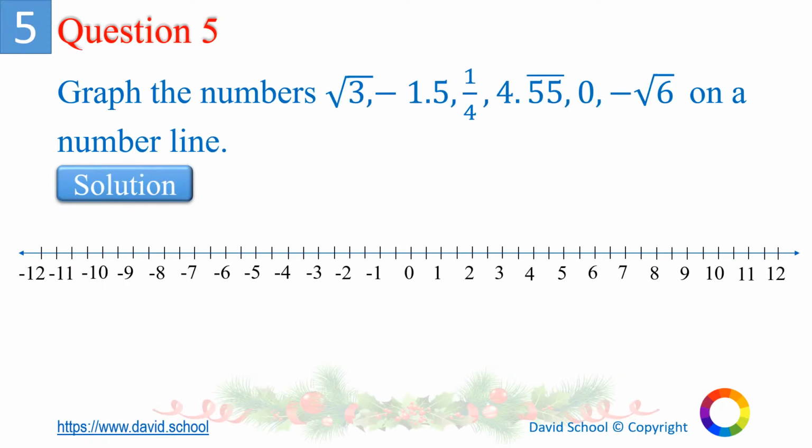Therefore, we place square root 3 right here, 1.732. Then we have negative 1.5, which is on the negative side of the number line. It is right there. 1/4 is a quarter. It is a positive number right after 0.